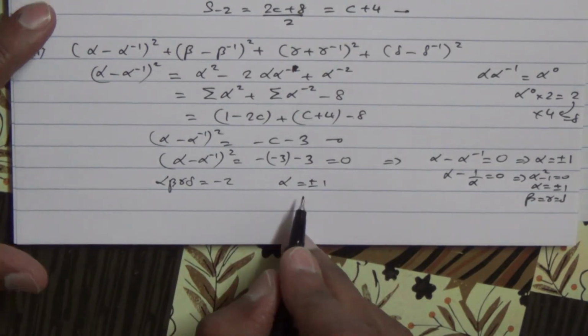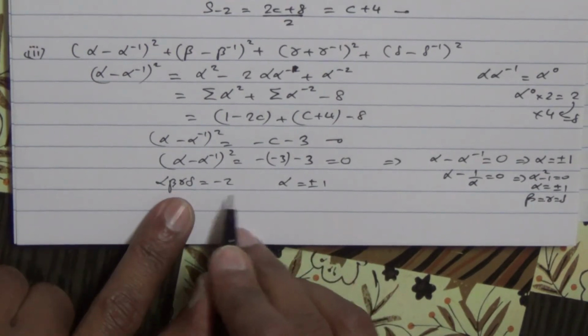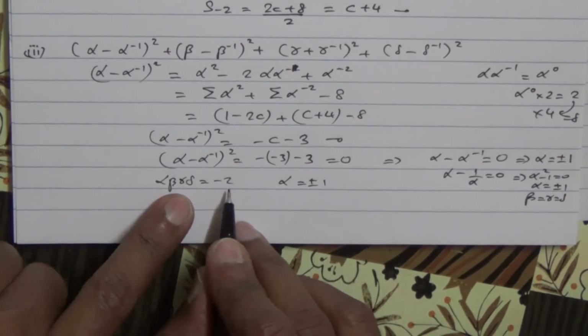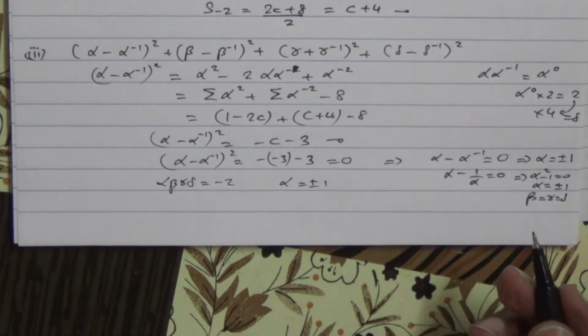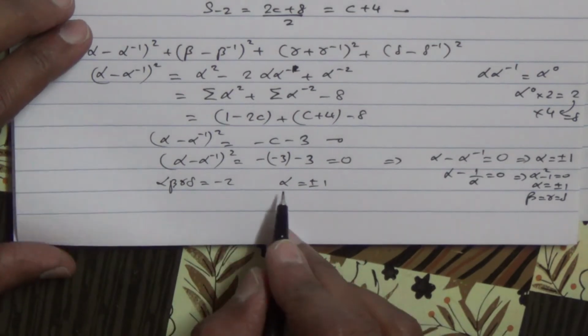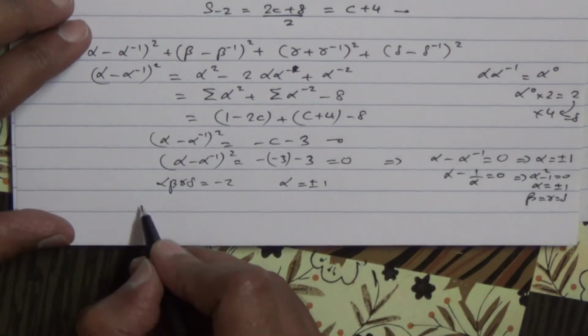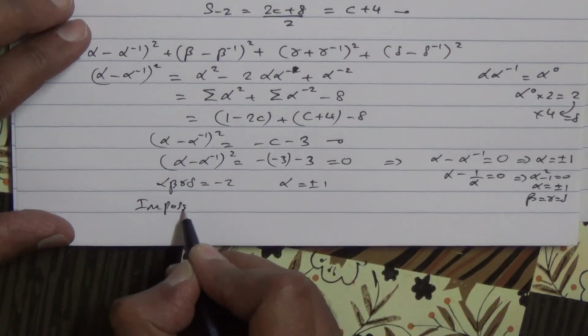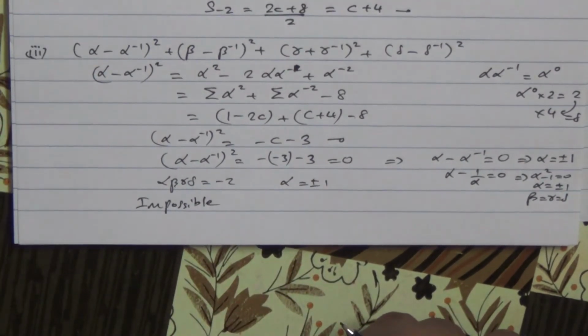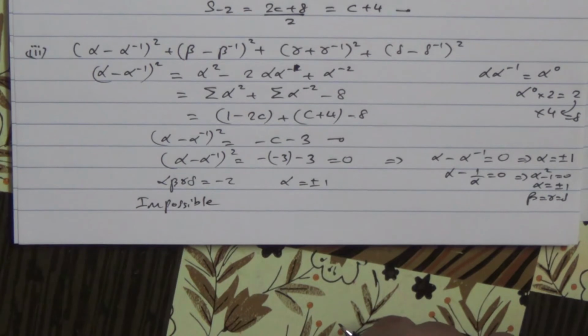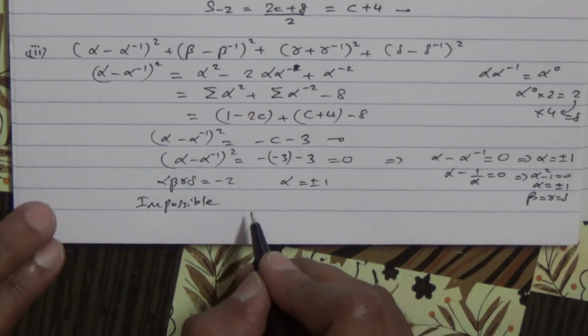The product of these roots is not leading to minus 2, because if you take 1 times 1 times 1 times 1, you get 1. And therefore that doesn't correspond. It's impossible. So this has been shown, the roots of the given equation are not all real.